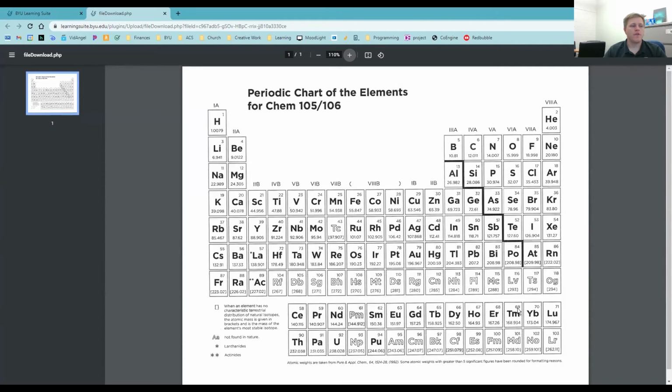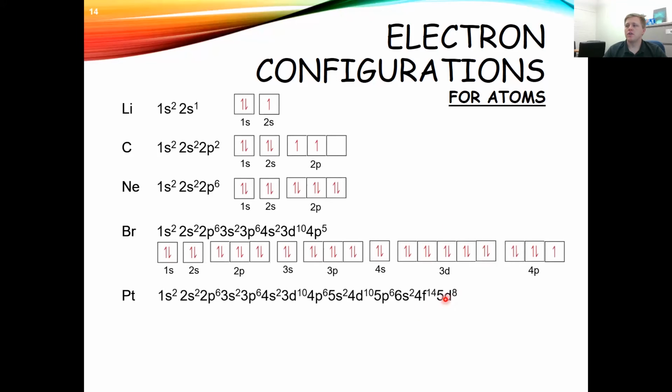So 4f through Yb. And so then we have 14 4f electrons. And then from Lu over to platinum, we have 1, 2, 3, 4, 5, 6, 7, 8 electrons in that 5d shell. So our electron configuration is going to look like this.